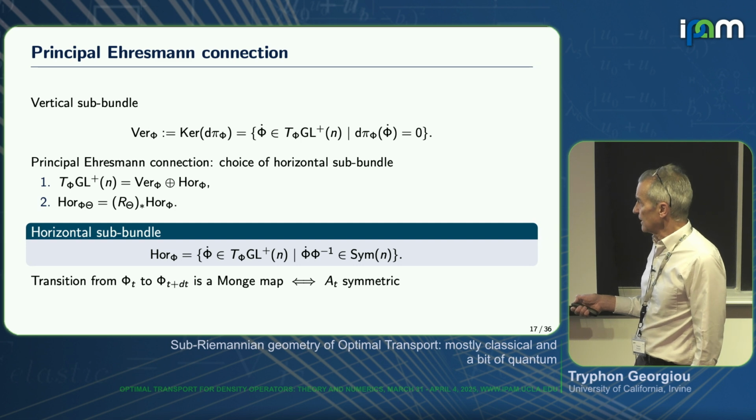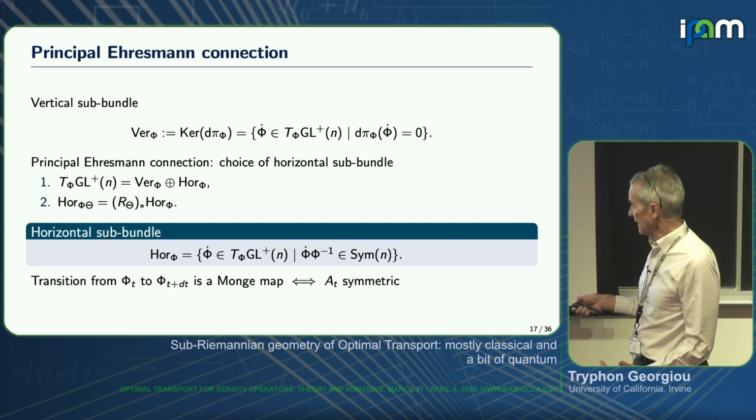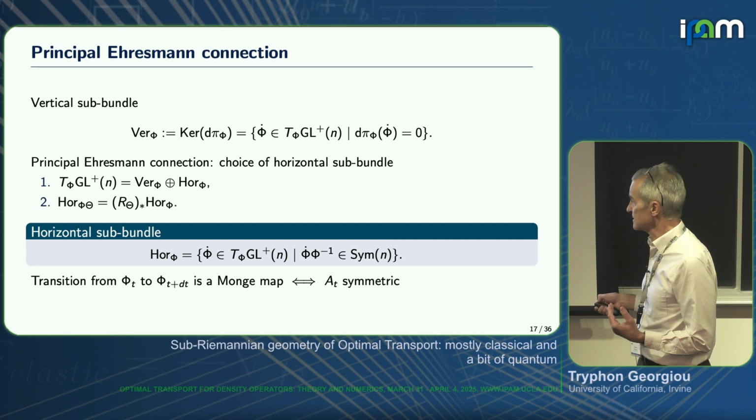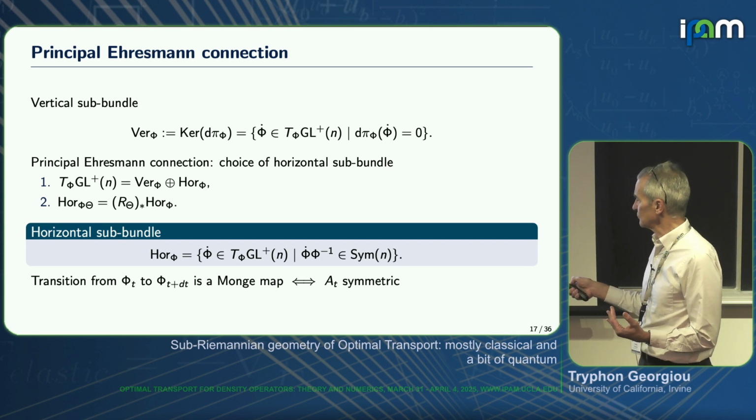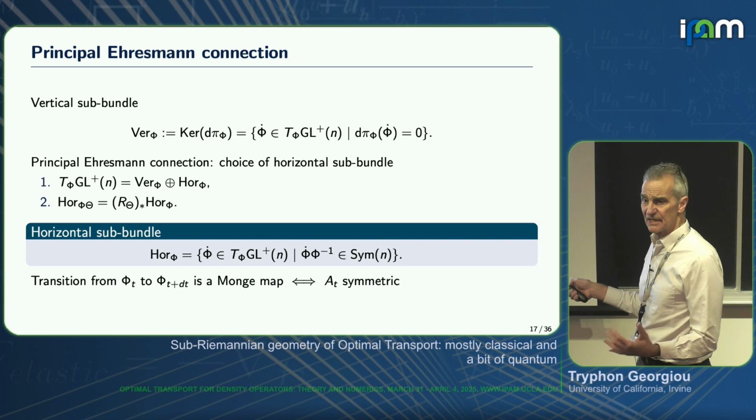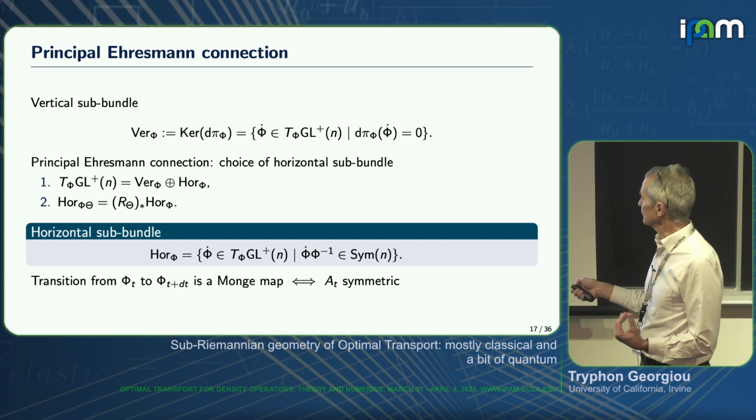Now, the directions that you are allowed constitute what's called the horizontal space, and there's a vertical space, and the vertical space are velocity fields in the tangent space of the general linear group. The plus here means that it has a positive determinant, okay?